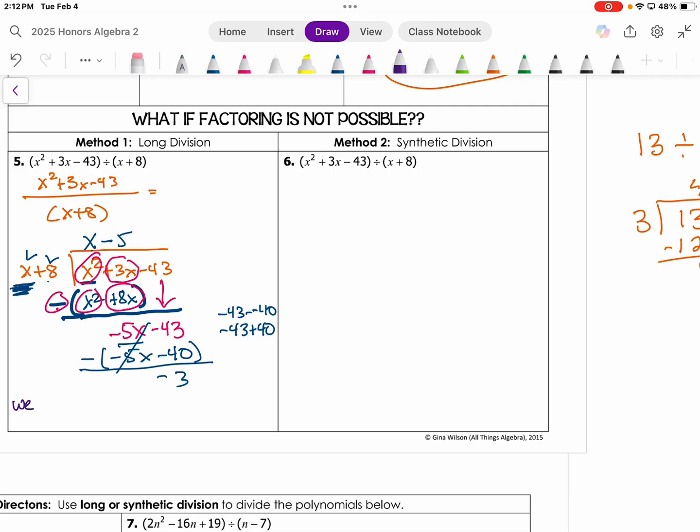We stop when the degree of the answer is less than the degree of what we are dividing by.